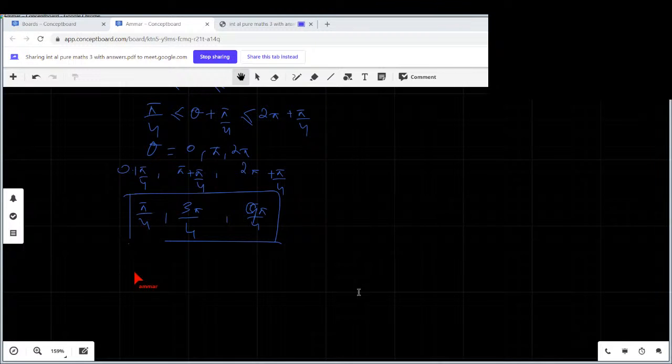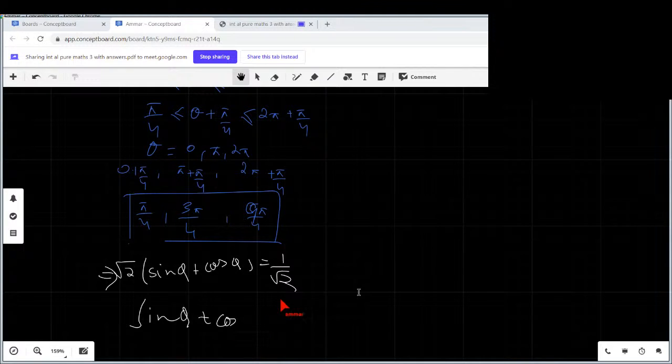It will be the same for the other question as well. So you say sine theta plus pi by 4. The answers would be the same, 0, pi by 2 and 2 pi for theta.